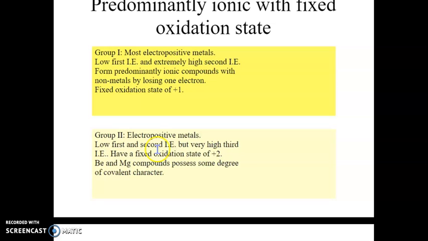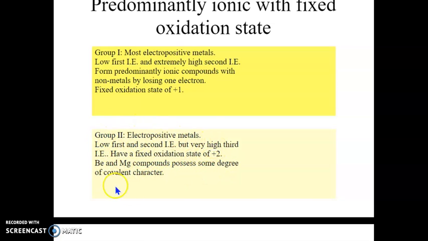In group second, the electropositive metals also show first and second ionization energy but very high third ionization energy, have a fixed oxidation state, and show the oxidation state of +2. Beryllium and magnesium compounds possess some degree of covalent character.